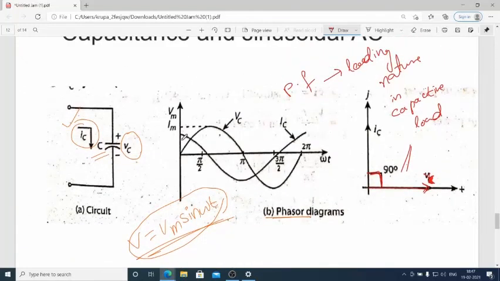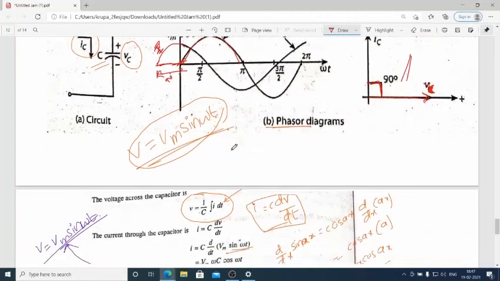If voltage is starting here, the current is already starting 90 degrees before the voltage. This is the current trajectory and this is the voltage trajectory.